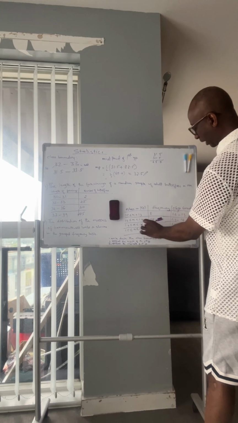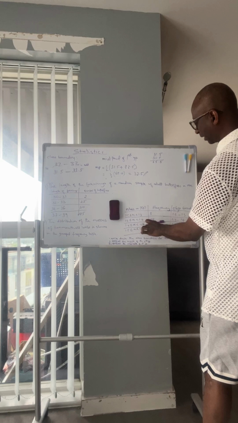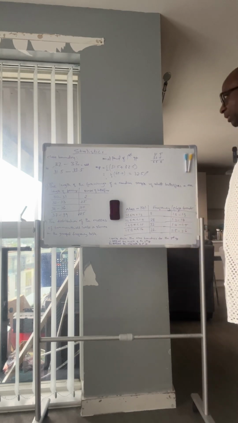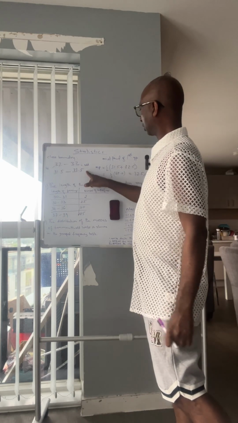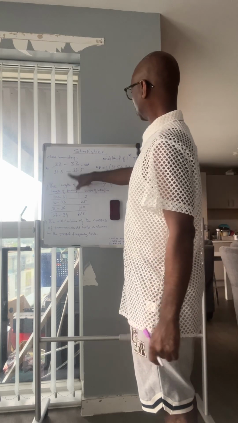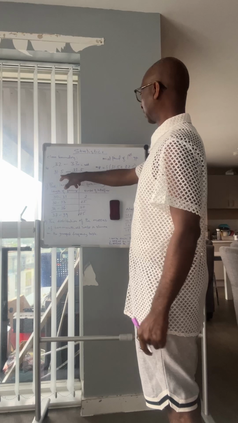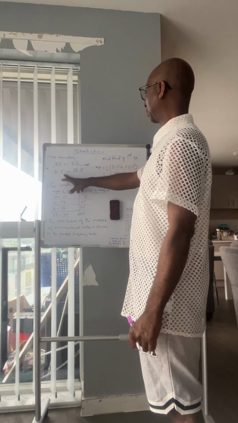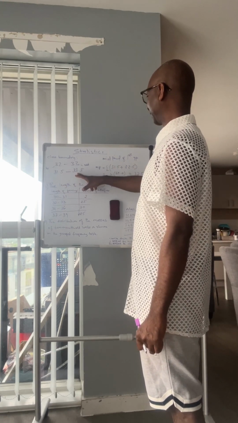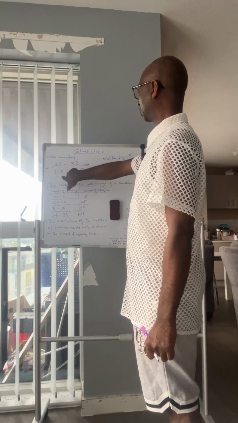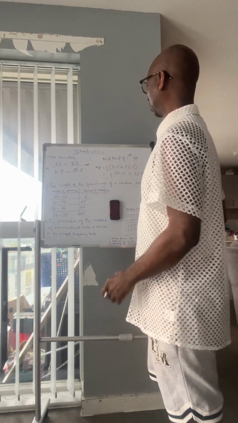This one, 1.4 plus 1.5, you divide by 2. That's the midpoint. But for this one, you calculate with the class boundary. What you got earlier, 31.5 and 33.5, these are the two you add to get your midpoint.